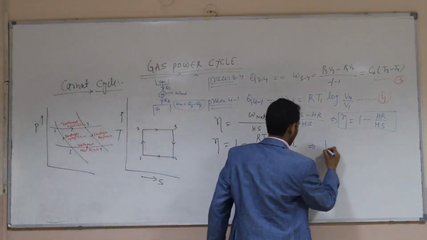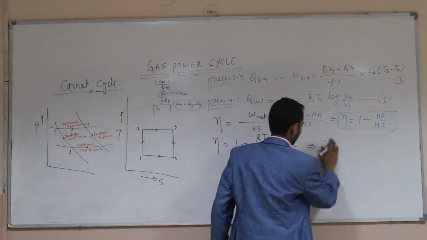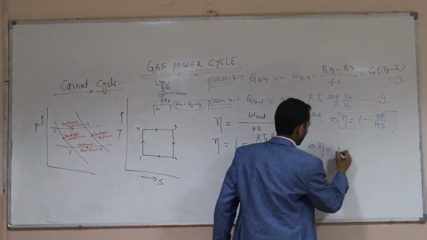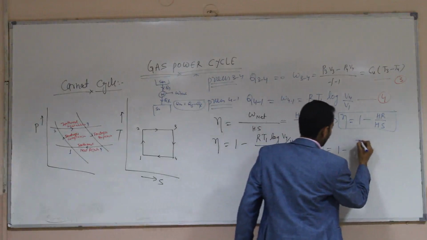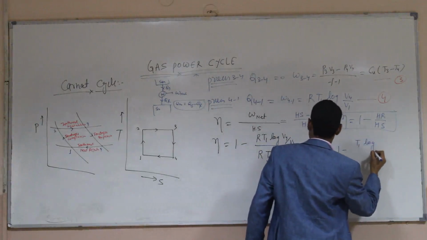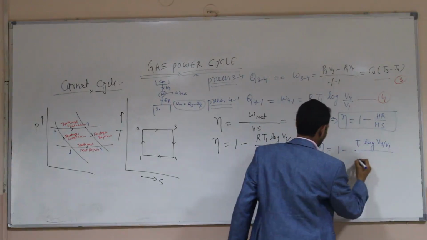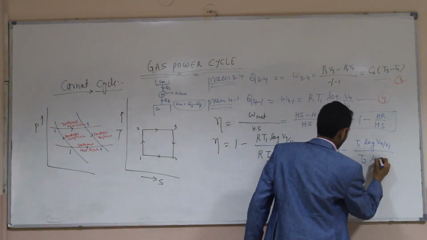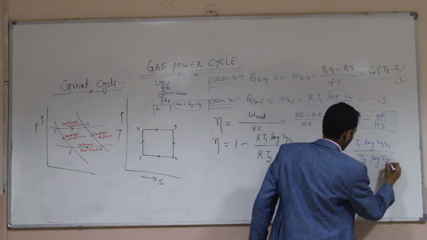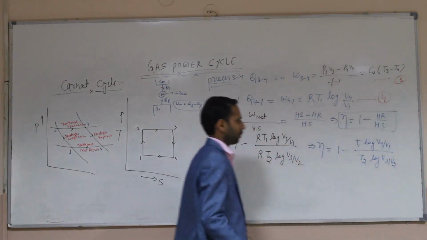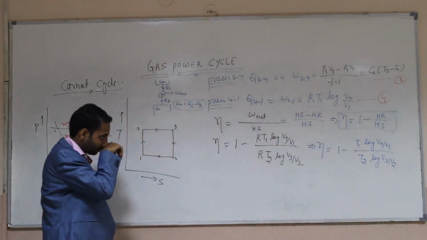If we simplify this equation, efficiency is equal to 1 minus T1 log V4 by V1 divided by T2 log V3 by V2.